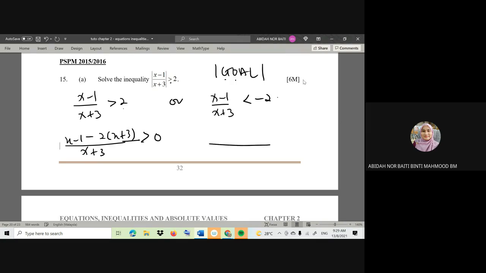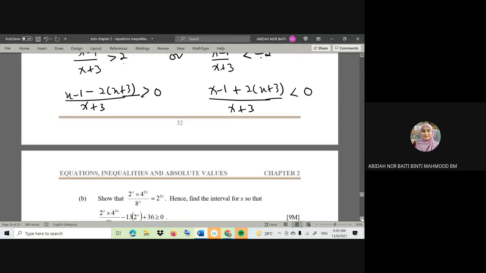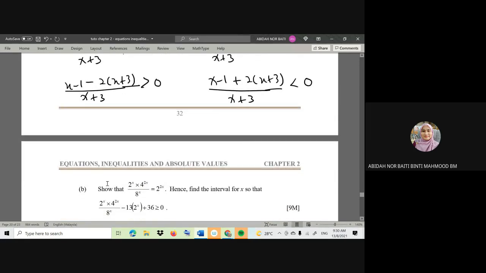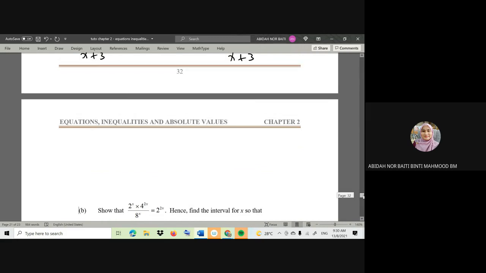So ni pun sama jugalah, rearrange and equalize denominator. Negative 2 become positive 2 times x plus 3 less than 0. Okay, then simplify your numerator. Then buatlah dua table of sign ya. Keluarkan dua table of sign and combine all your answers at a number line. Okay, dan tengoklah dia tadi apa?